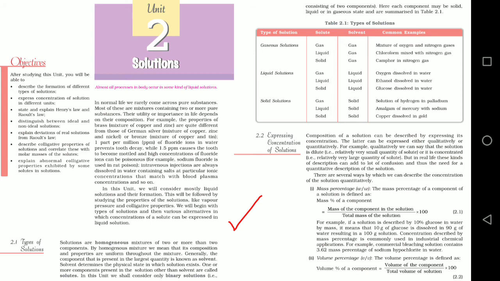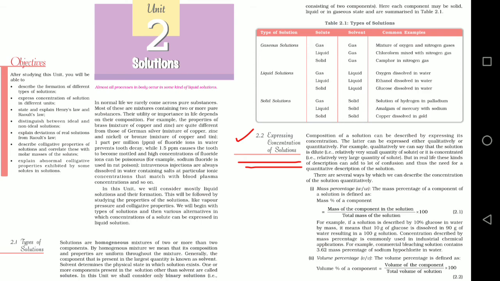In the next class we will discuss the different ways of expressing the concentration. There are many ways to express the concentration of a solution, like molarity, normality, parts per million, weight by volume percentage, volume by volume percentage, gram per mole, gram per liter.